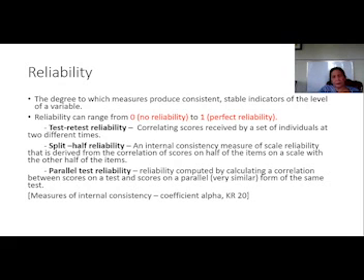Ibig sabihin po nito, may internal consistency o reliability ang isang test. Pag kinuha mo ang even-numbered items, let's say, 100 na items yan. Ilan po ang even number dyan? 50. Ilan po ang odd number dyan? 50. I-score mo ngayon ang bawat isang test taker.